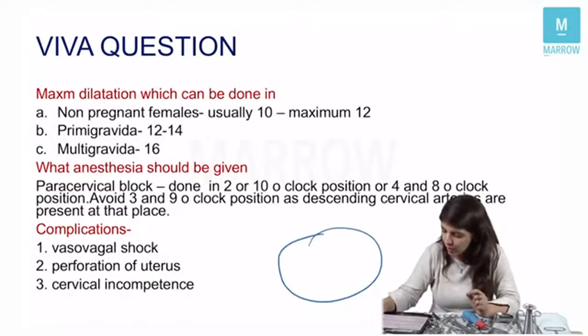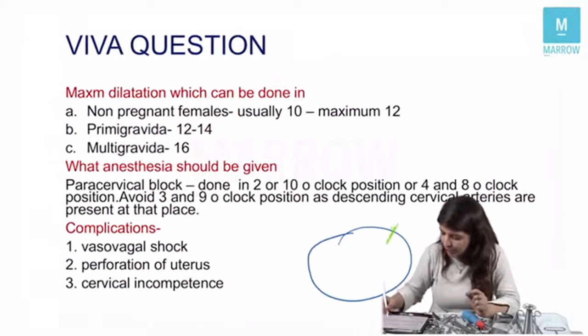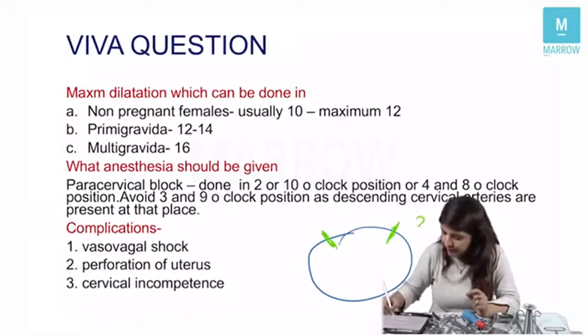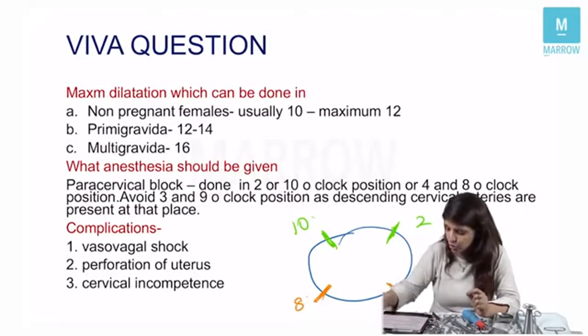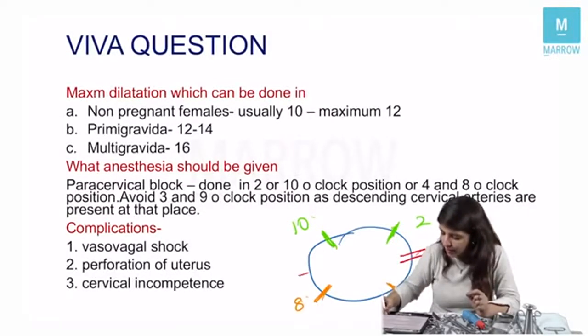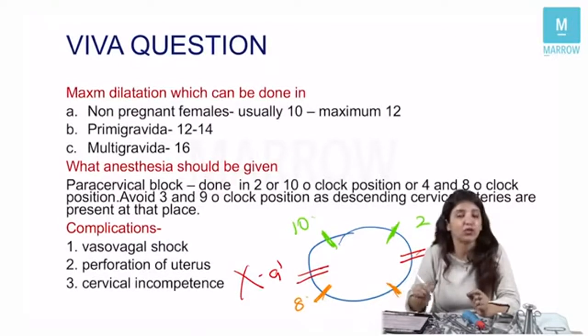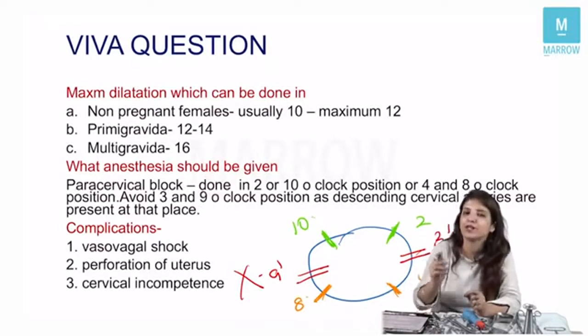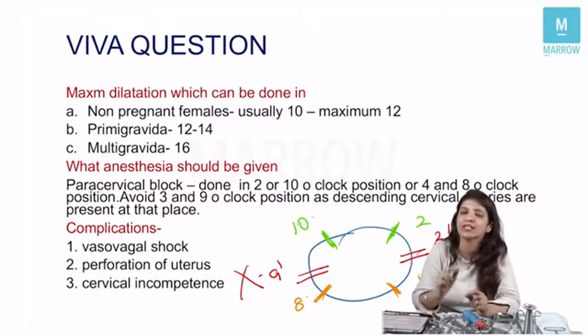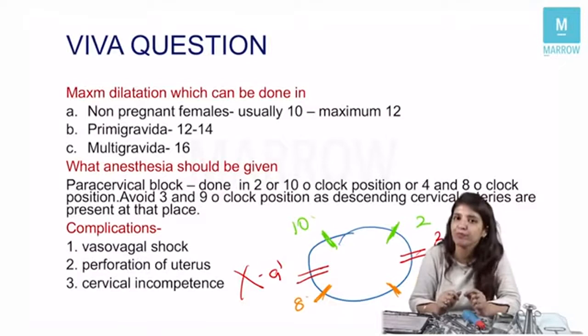You never give a paracervical block at the 3 o'clock and 9 o'clock position. Why? Because the descending cervical arteries are present at the 3 o'clock and 9 o'clock positions. So never am I going to give a paracervical block at 3 o'clock or 9 o'clock, right?